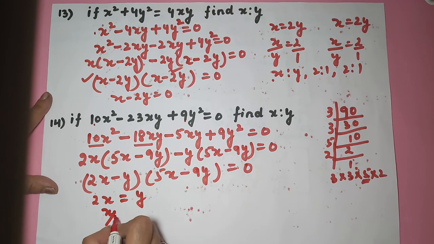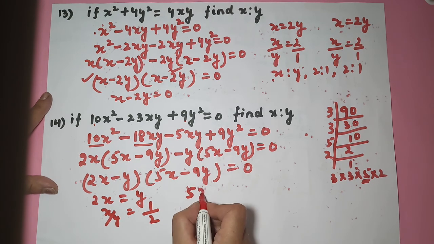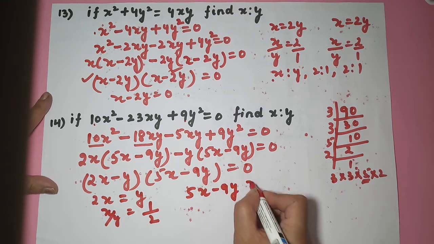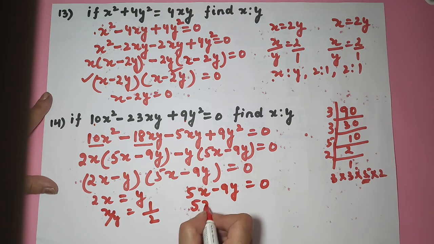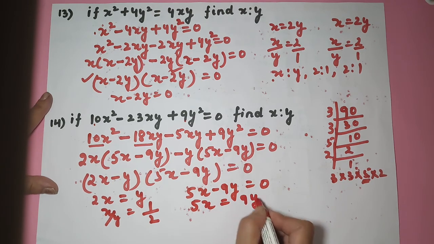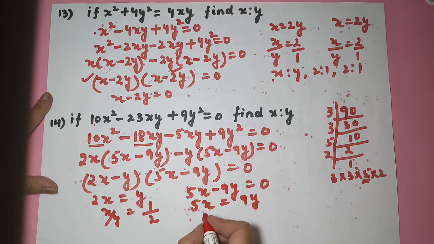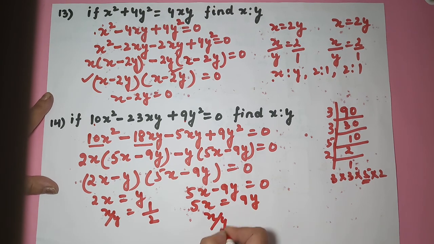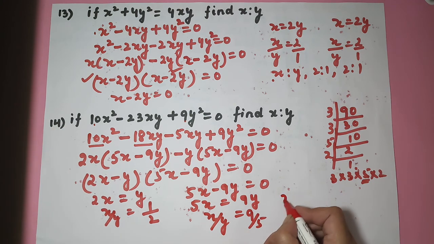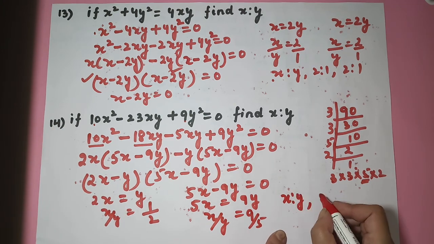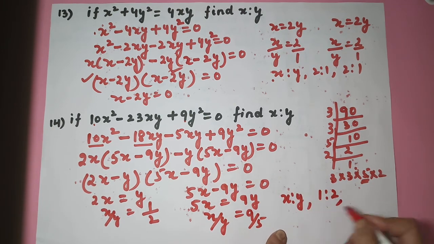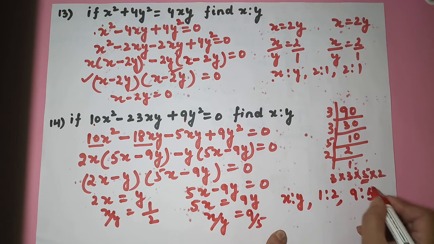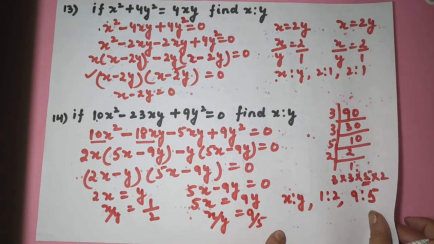So x by y is equal to 1 by 2 and 5x minus 9y is equal to 0. 5x is equal to 9y. Shift this y here, shift this 5 here. So x upon y is equal to 9 upon 5. So you've got two values for x is to y. One is 1 is to 2 and another is 9 is to 5. Right? That's it.